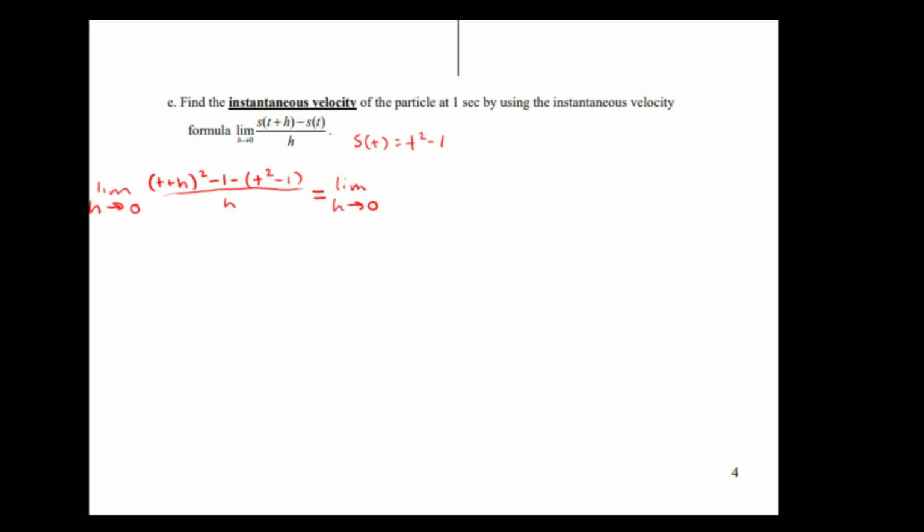Now we simplify: t squared plus 2th plus h squared minus 1 minus t squared plus 1, divided by h, which equals 2th plus h squared divided by h, and then we cancel out the h's.